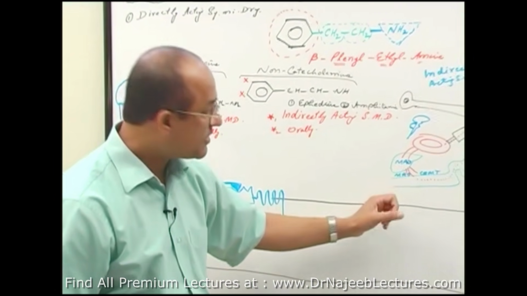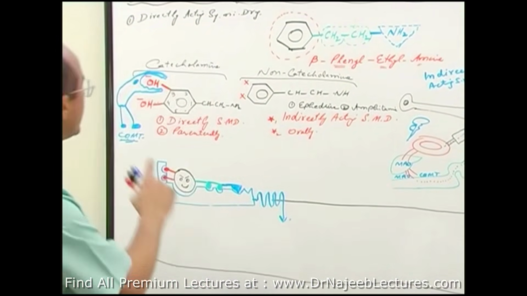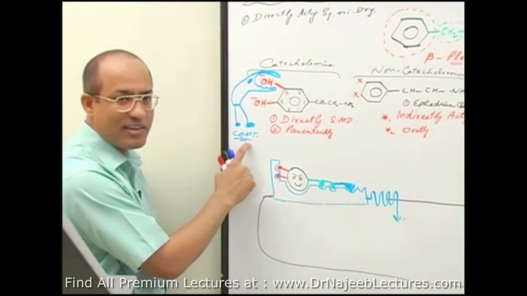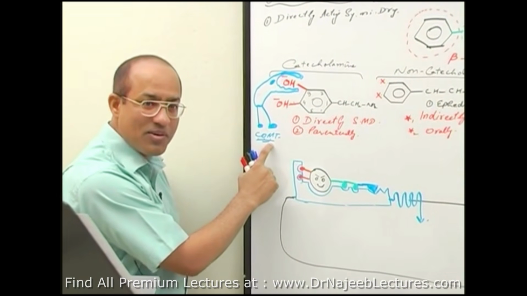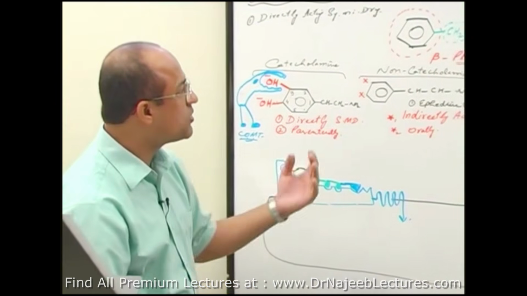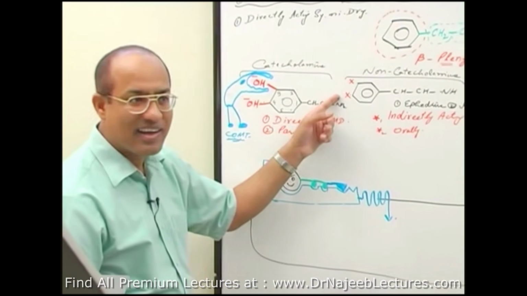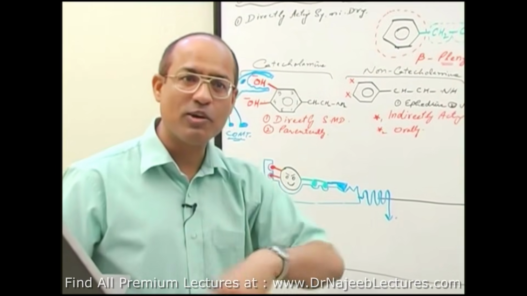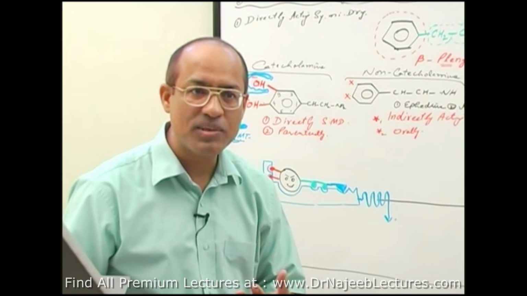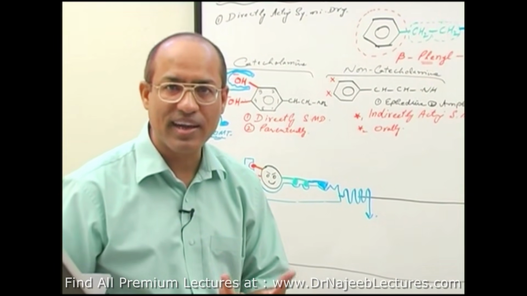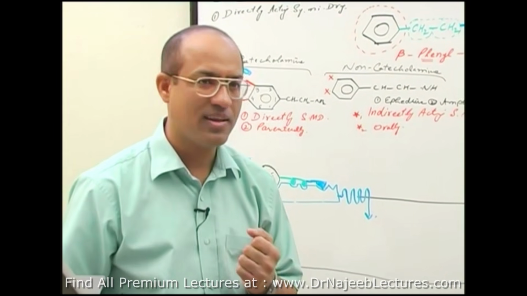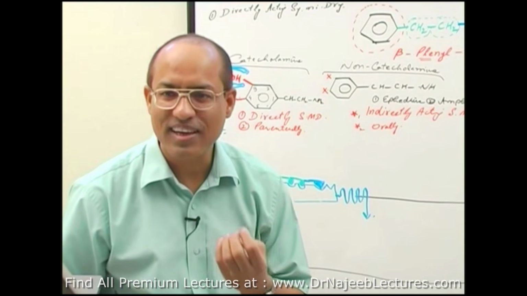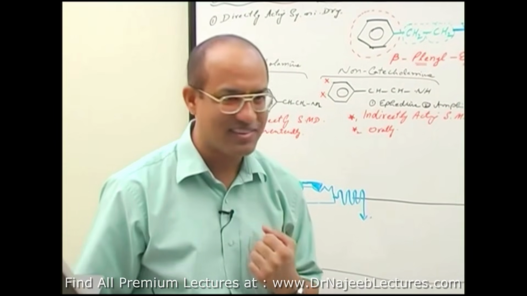Do you think this enzyme can attack non-catecholamines? No, because non-catecholamines do not have hydroxyl here. They do not have a catechol ring. If they do not have a catechol ring, how can catechol O methyl transferase attack them?